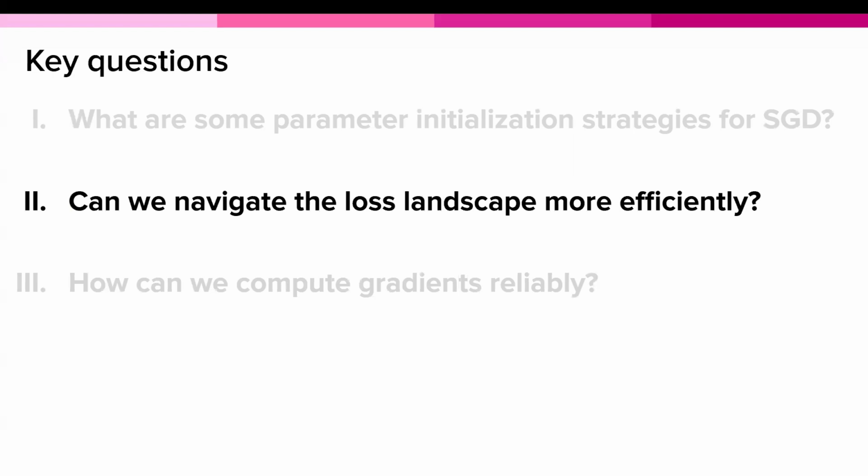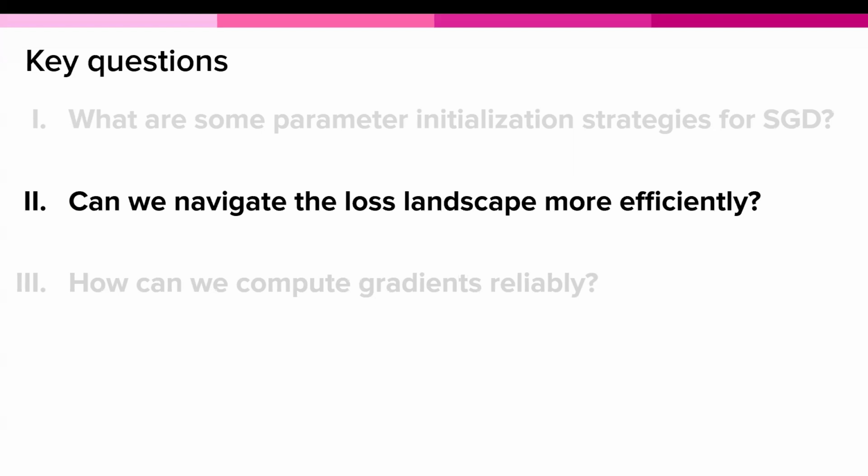So that's about the most theory that at least we're going to get into in terms of parameter initialization. But we figured out how to start things off, and now we need to traverse the loss landscape in order to find at least a local minimum, or ideally a global minimum.